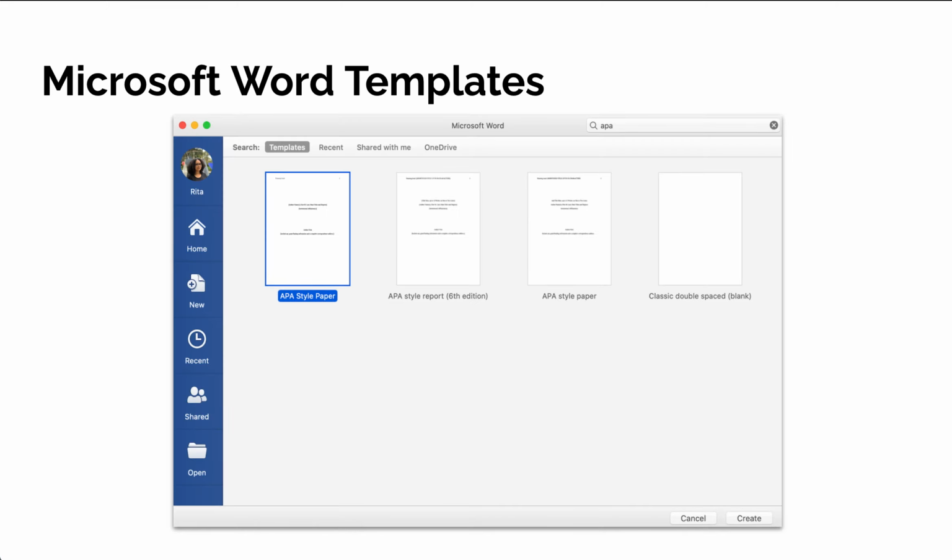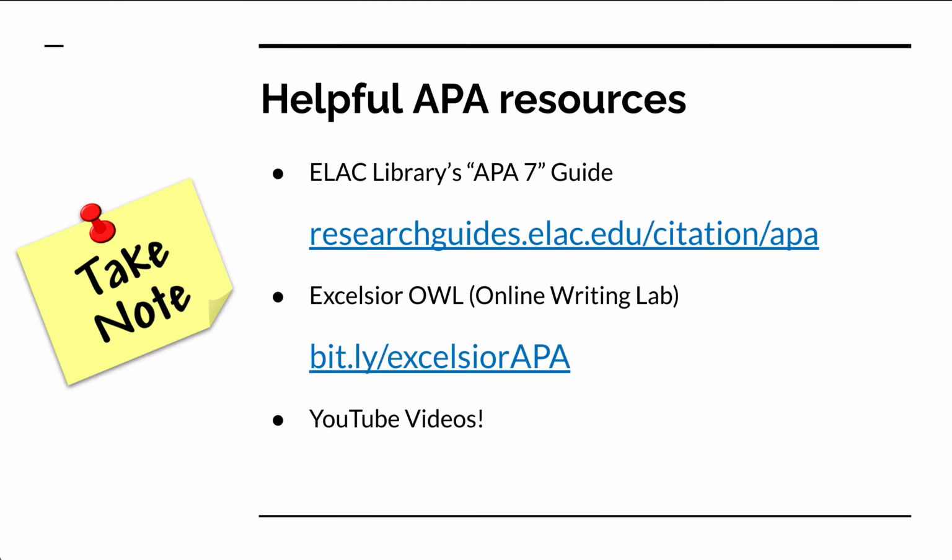Some quick notes to end with. Microsoft Word does have APA templates that you can use. You can type in the letters APA and do a search, and you should see templates for APA style papers. Next, don't forget ELAC Library has an APA 7 guide that you can download and access at researchguides.elac.edu/citation/APA.